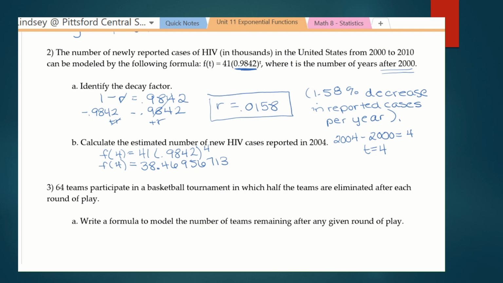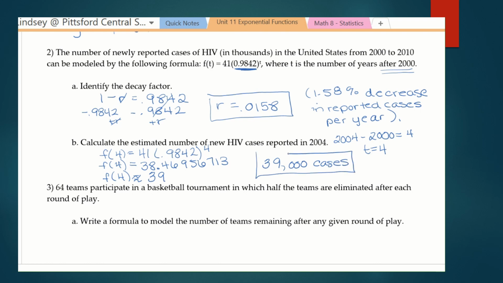So it's almost better to plan for more cases, even if fewer could possibly come in. So in this case, we're just going to round, we'll say approximately 39. And remember, this is in thousands, so we're talking 39,000 cases reported in 2004, and that's the number of new cases.